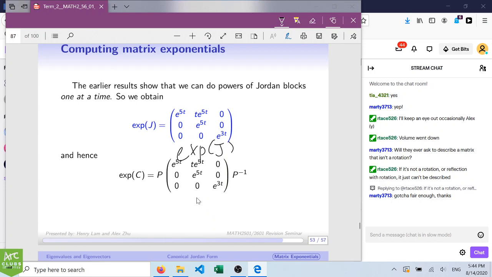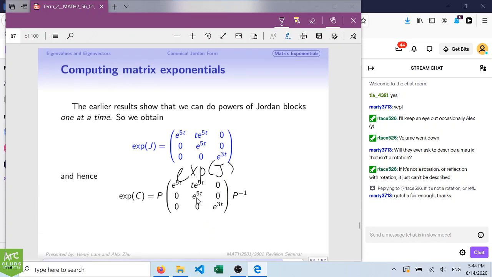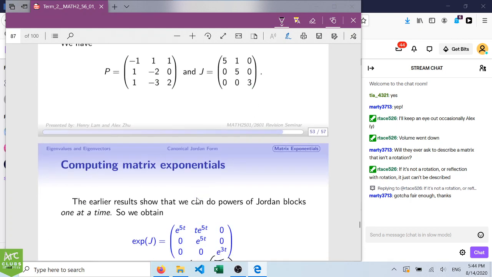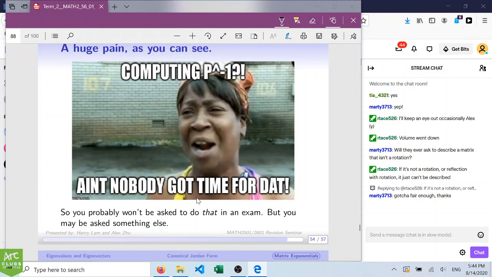Now, the question is, can we get P inverse? And the answer is we actually can't be bothered, because no one's going to do an inverse of a 3 by 3, let alone maybe even bigger matrices.